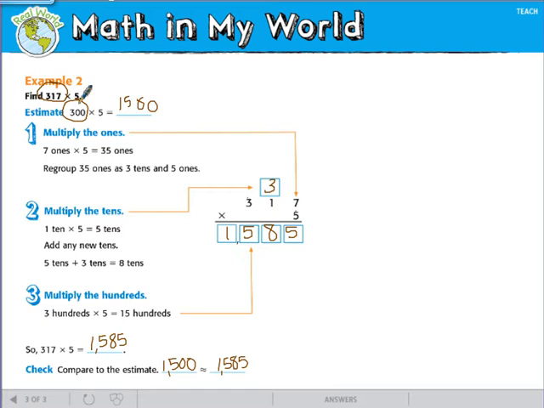So if they made this number smaller, is our answer going to be greater than or less than our estimate? Less than. So if you round down to check your answer, make sure your answer is greater than the estimate. So 1,500 is less than 1,585. And the reason is because we rounded 317 to 300. So that number got smaller. Okay?